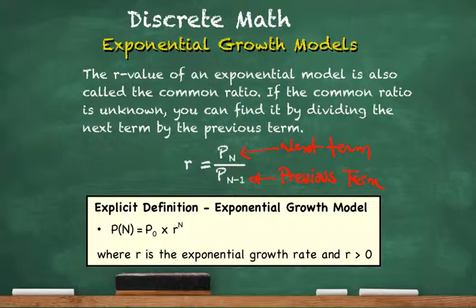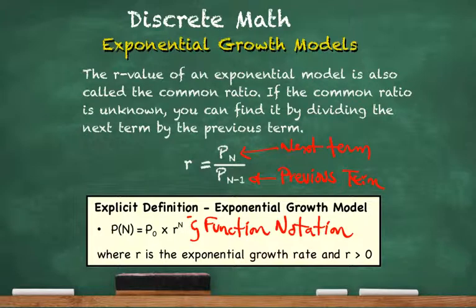Similarly, we can redefine the recursive model and express it explicitly, as you see here. We are now using something that looks like function notation. And we explored this previously, saying that function notation allows us to jump straight to the population of any generation we want.